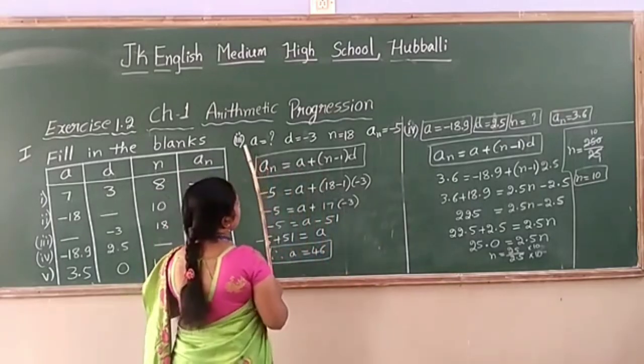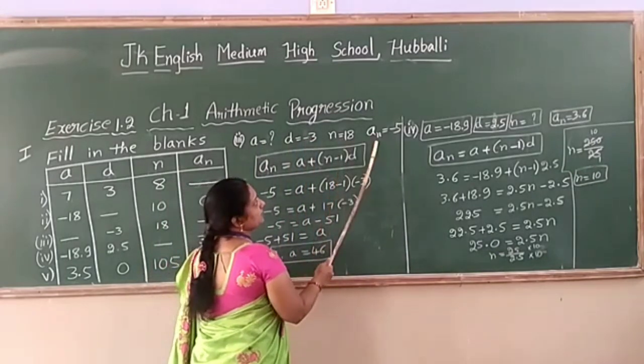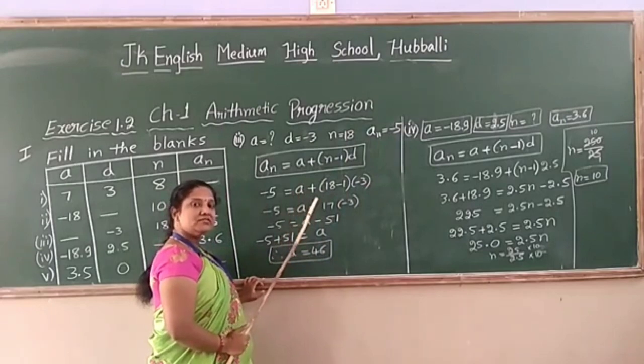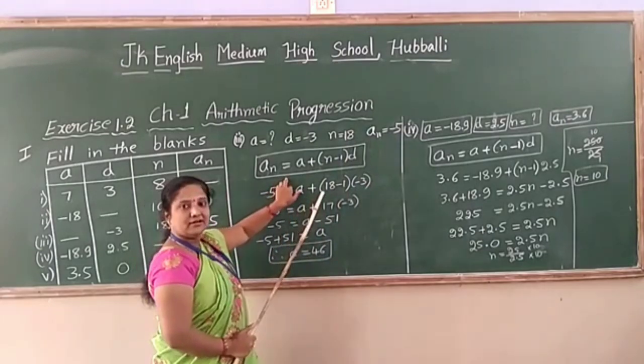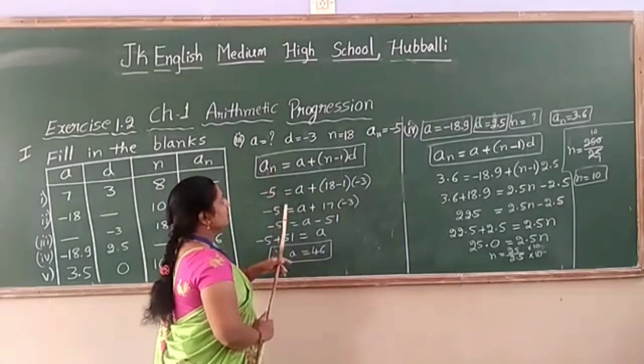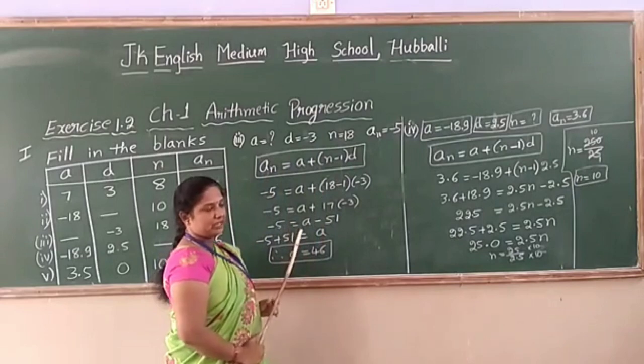Which value they gave? A value find it, d value minus 3, n is equal to 18, an is equal to minus 5. You write it like this way, it becomes very easy for you. When you write formula, you come to know which values we have to fill up. So an value, substitute the values of all the variables.